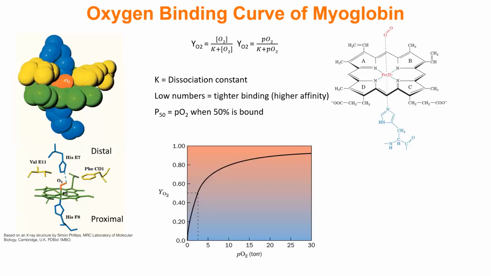The main idea here is that we were looking at how proteins and ligands bind each other, so we were looking at binding constants. We're looking at this graph where we have fractional saturation. Remember, that's the amount of protein that is bound to a ligand versus the amount of that ligand.